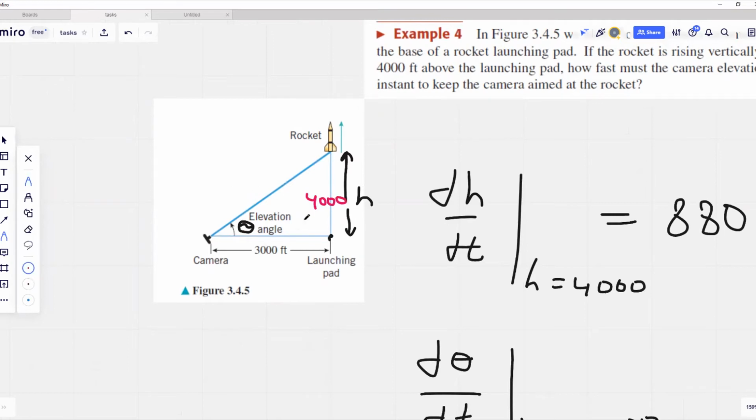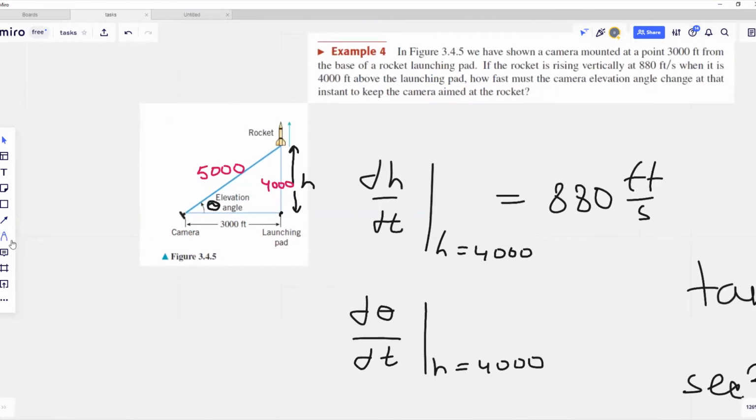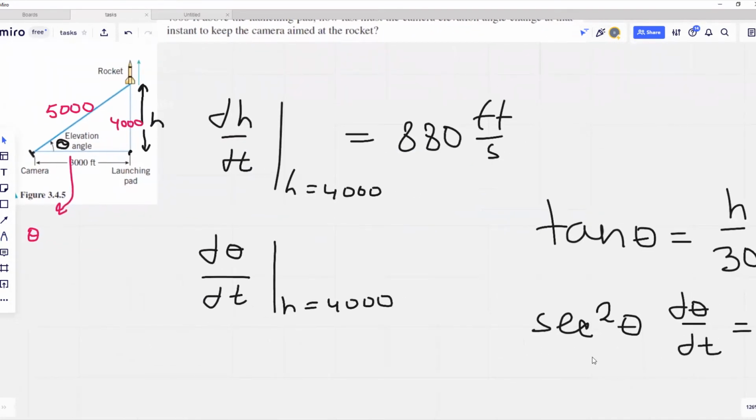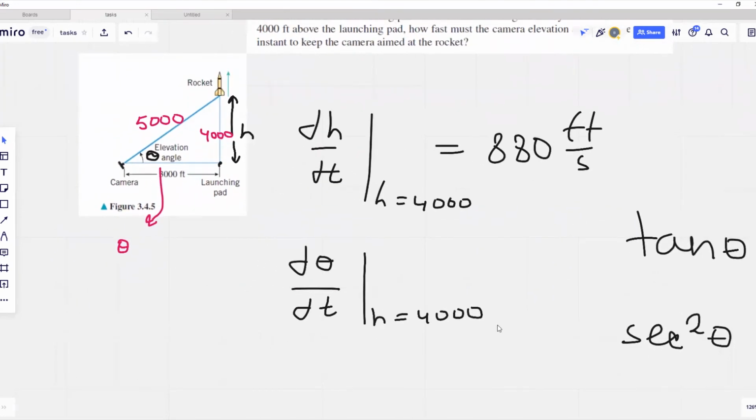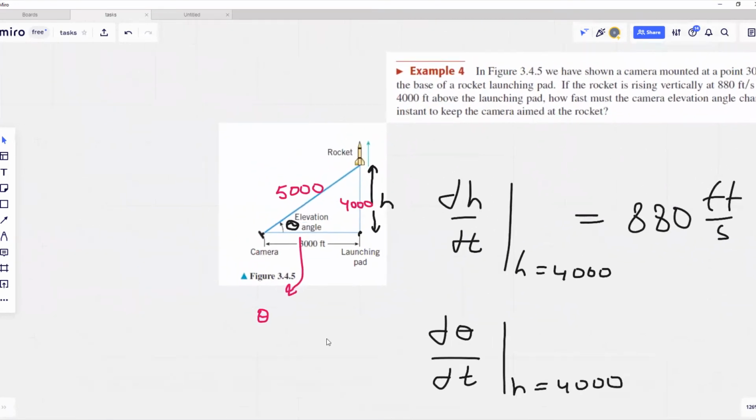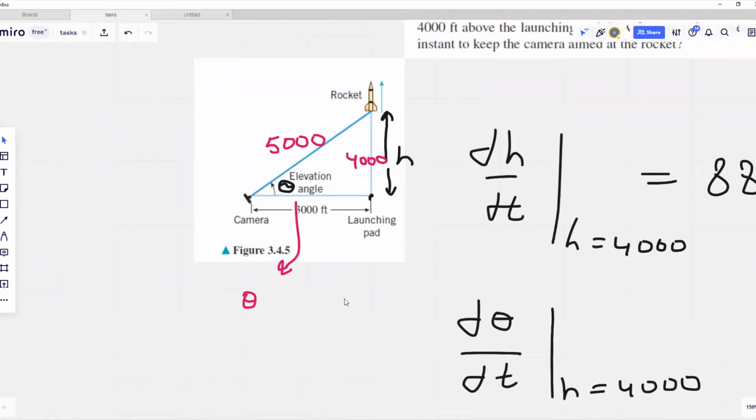Then this side is 3,000, this is 4,000, and the hypotenuse is then 5,000. When h was equal to 4,000, we are interested in 1 over cosine of theta, and cosine of theta was equal to 3,000 over 5,000, so 3 over 5, or secant of theta was equal to 5 over 3.